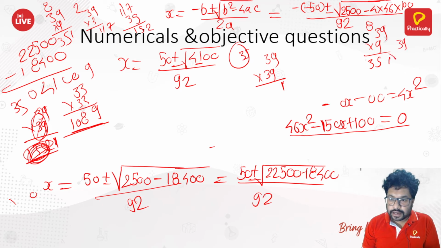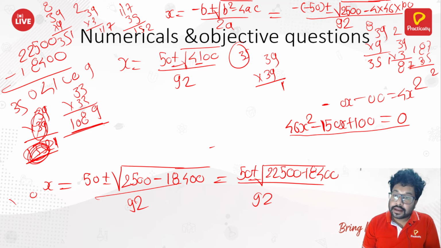Now 39 into 3. 3 nines are 27, 7 carry 2. 3 threes are 9, 9 plus 2, 11... 117. Yes. 117 plus 35. 7 plus 5, 12. So basically 1, 2, 2, 1.